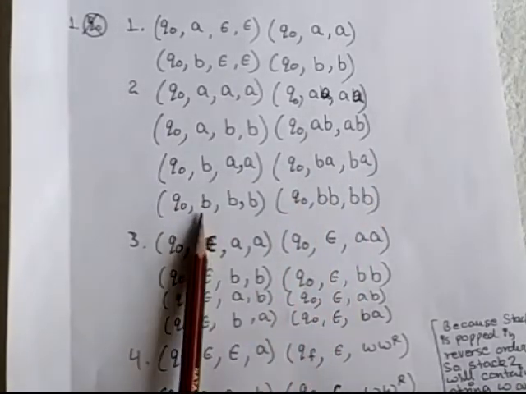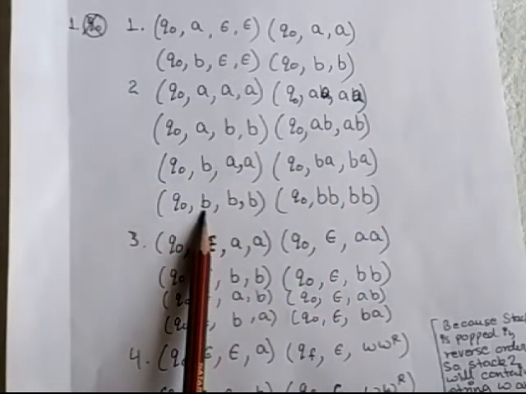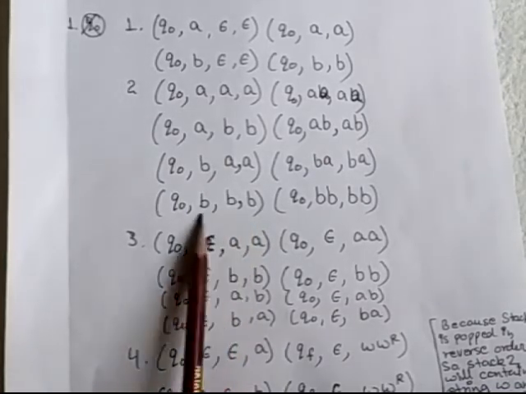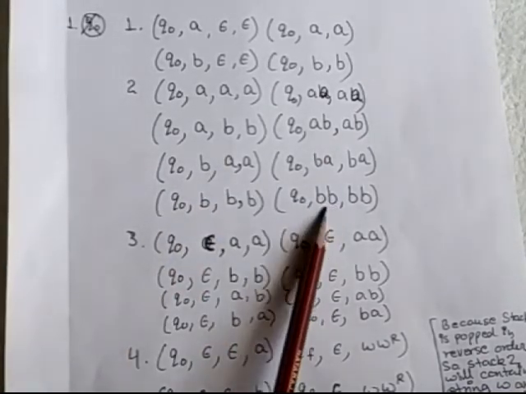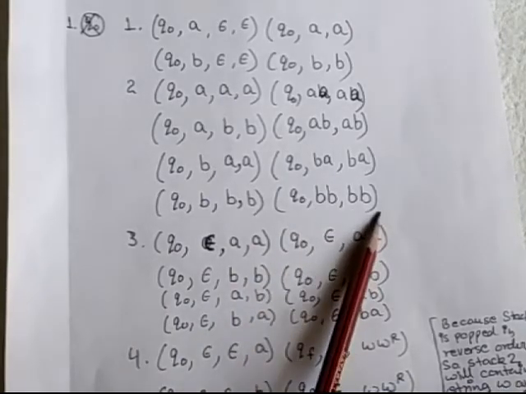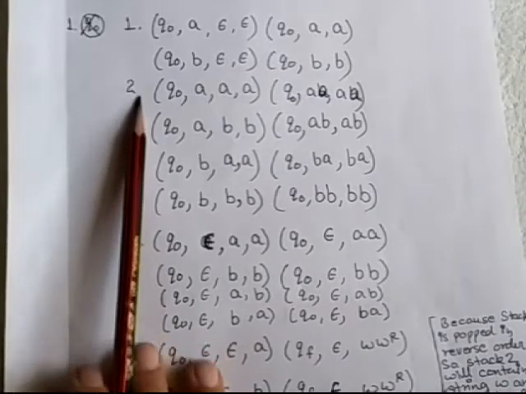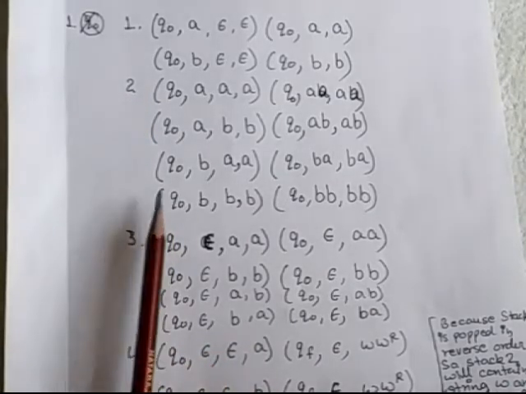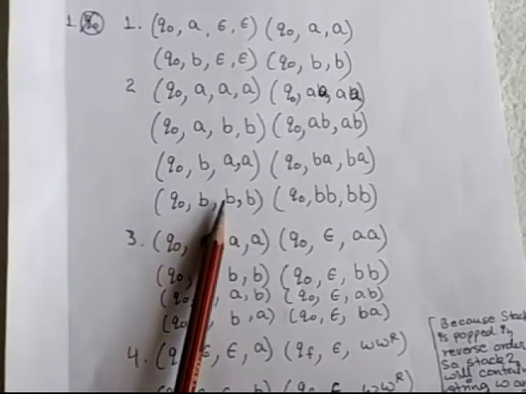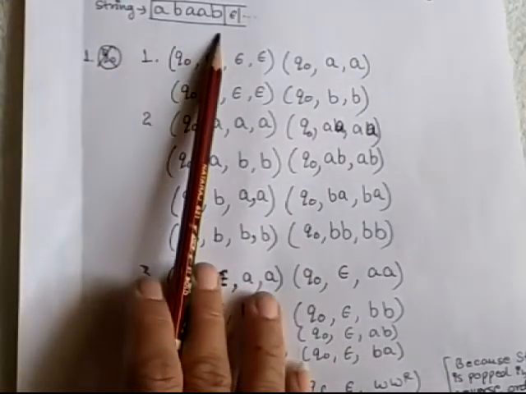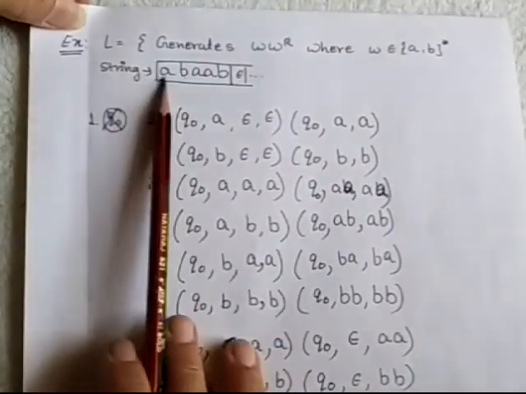Or the scenario may be that we are reading B and the tops of both these stacks are B. Then also we push B on both these stacks. Means using these steps, we are pushing all the symbols of the string on both the stacks. Right? This is the string.